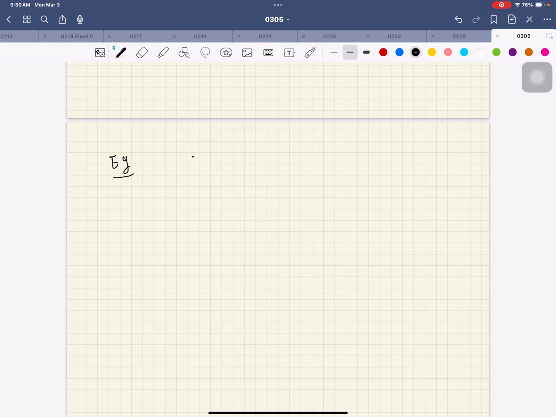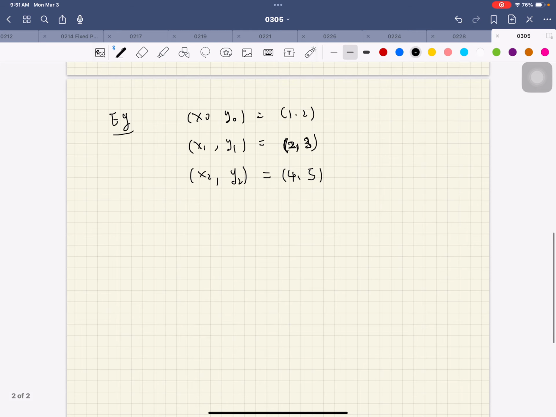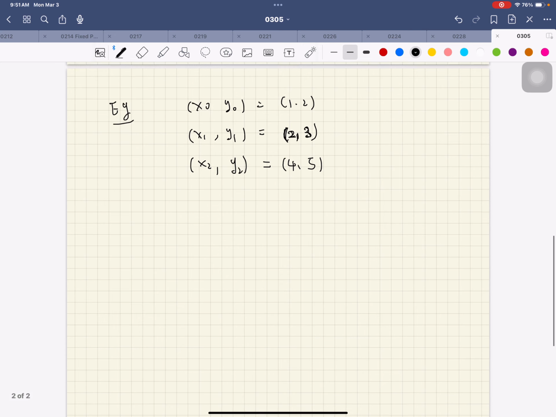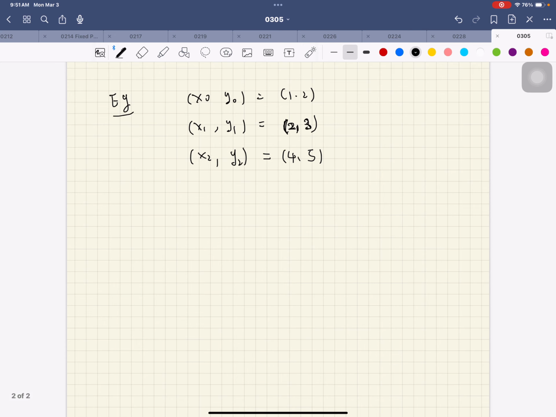This time we have 3 points: x0, y0 is equal to 1, 2; x1, y1 is equal to 2, 3; and x2, y2 is equal to 4, 5. So basically 3 points. And the question basically is to use the 3 points and construct the polynomial using the divided difference.